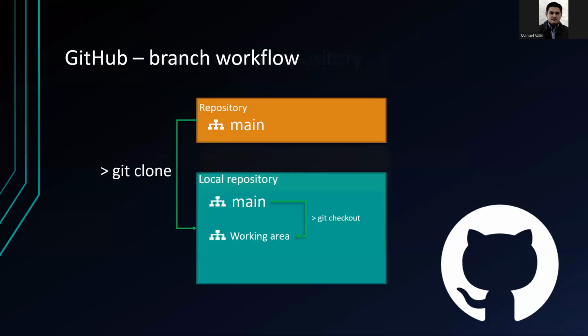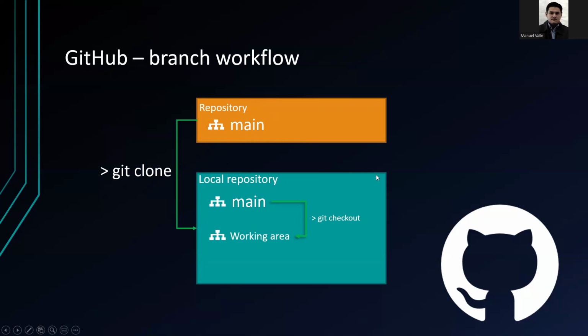So basically, what I mentioned in the previous slide, this is the first command that we are going to check, the git clone. This git clone is going to help us to get what we have in the remote repository into our local computer, which is called the local repository.